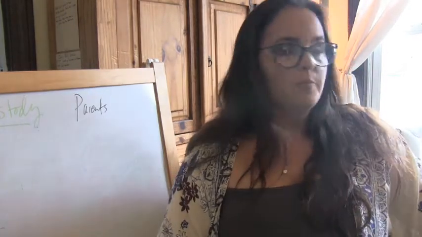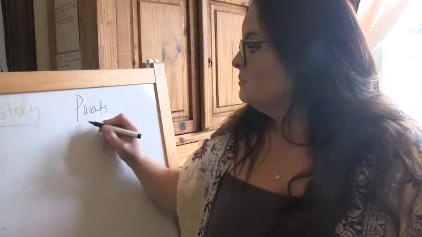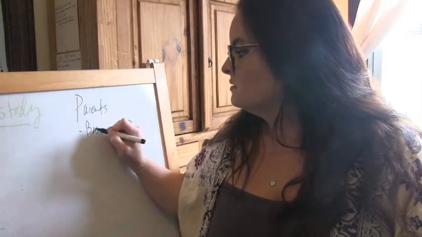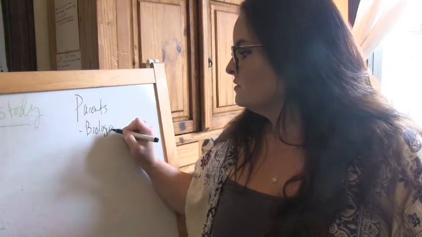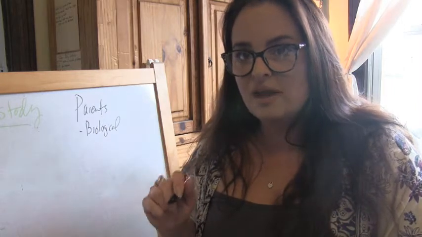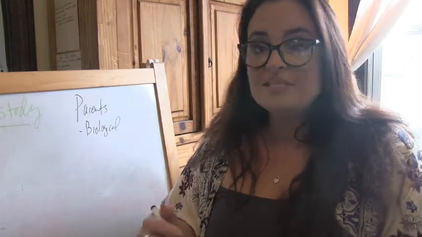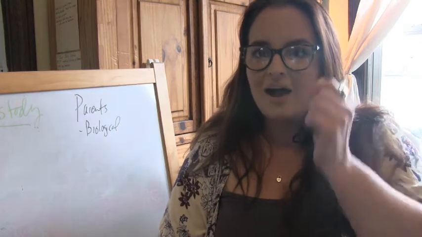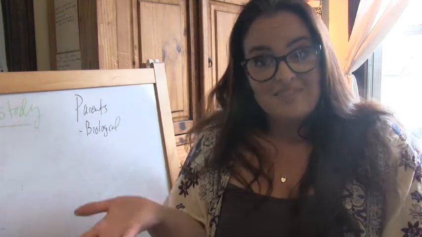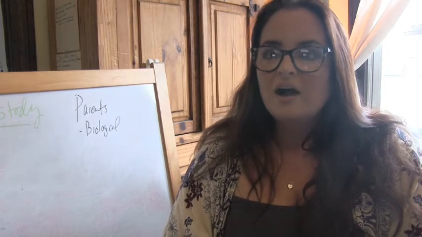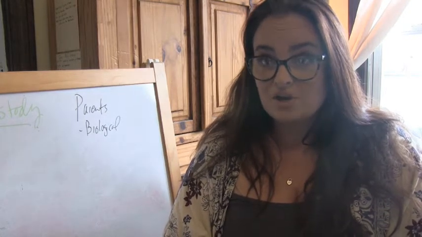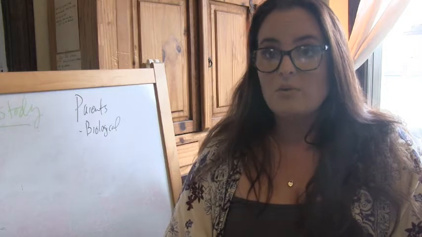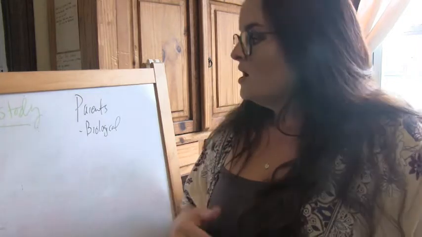A parent, for purposes of child custody, means one that is biological and that's been established. It's easy to establish the mother's claim of biology because she was there when the child was born. And then the father's paternity can be established in a variety of ways, which we've talked about previously.